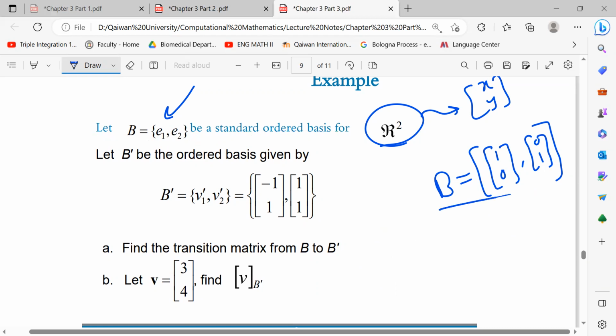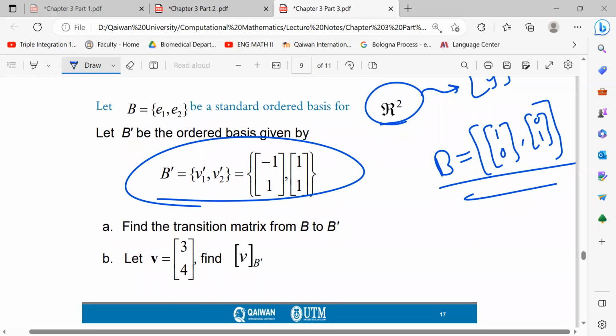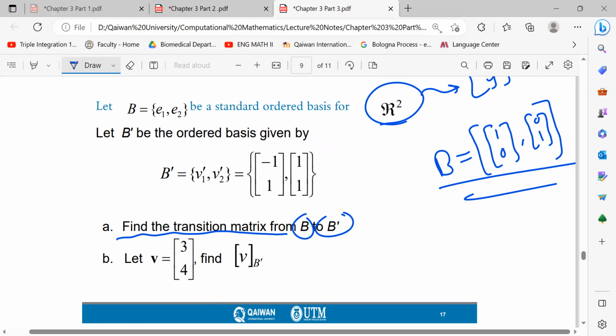This is B. And also B dash is given. Okay? B dash is also given. It says, find the transition matrix from B to B dash. It's the same as the previous example. What we do, as it says from B to B dash, we say C1 times this, plus C2 times this equals the first one.